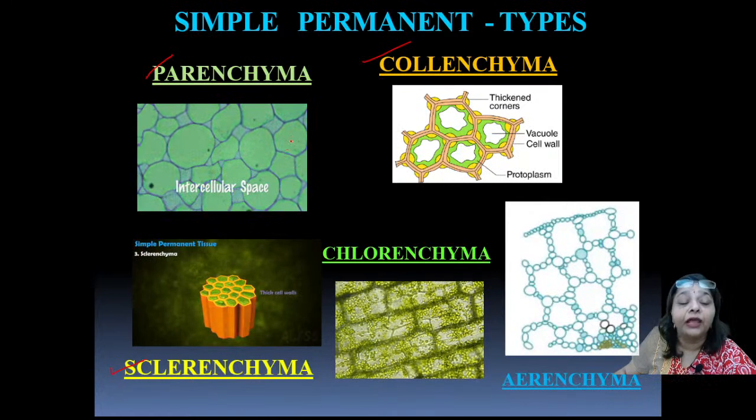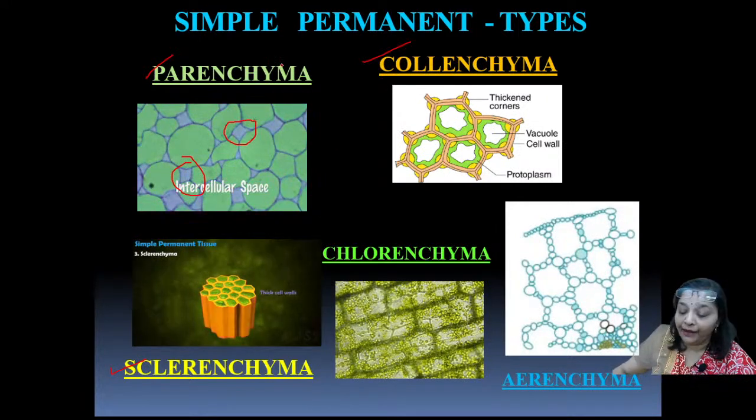The parenchyma are irregularly shaped cells. They contain many intercellular spaces, that is, spaces between the cells. They are the most simple type of permanent tissue, and they fill almost all the space in the plant body.